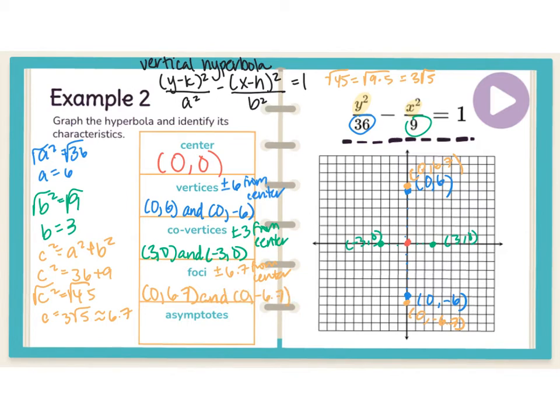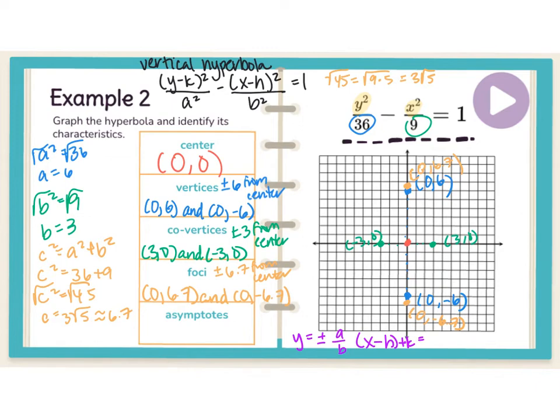And now, finally, we are going to find our asymptotes. And since this is a vertical hyperbola, we're going to use the vertical asymptote formula, which is y equals plus or minus a over b times x minus h plus k. A is 6.